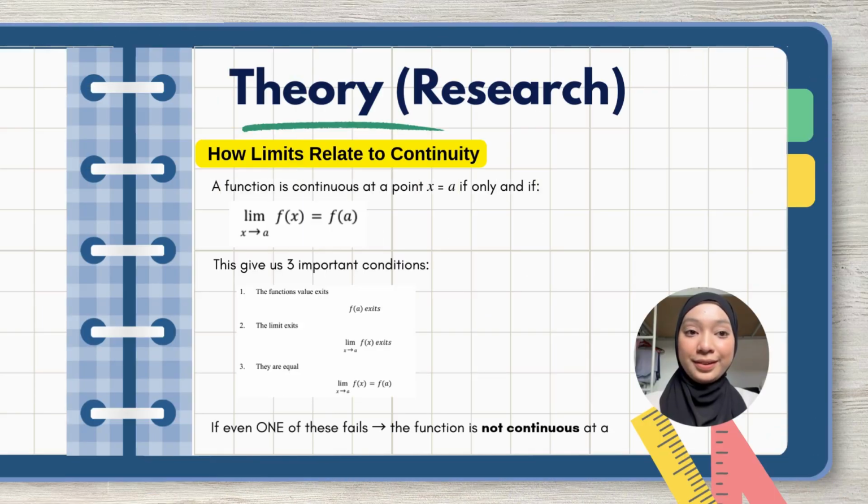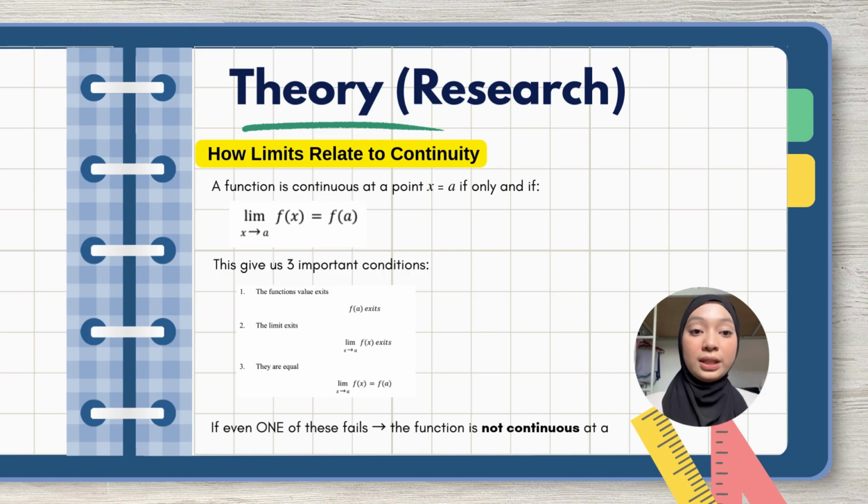How does the limit relate to continuity? A function is continuous at a point x equal a if and only if the limit as x approaches a of f(x) equals f(a). They give us three important conditions. First, the function value exists, f(a) exists.